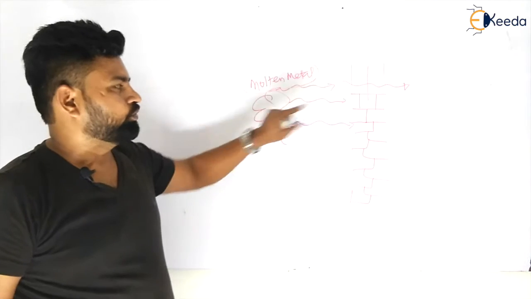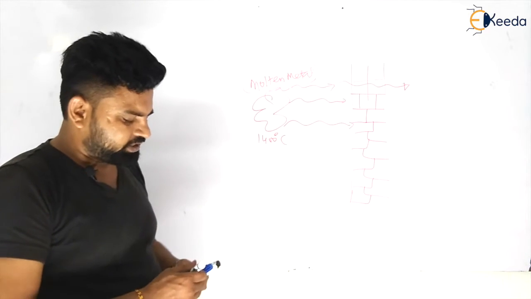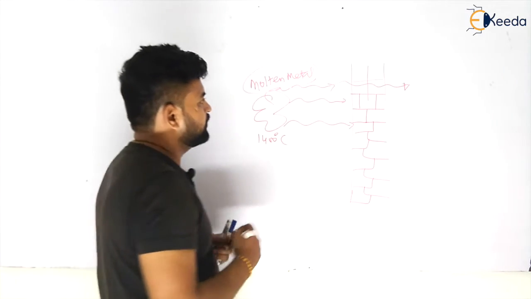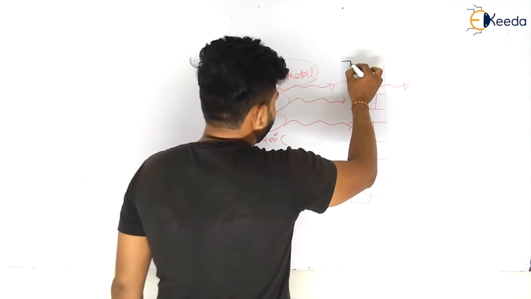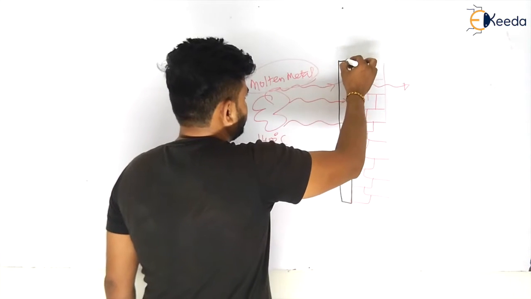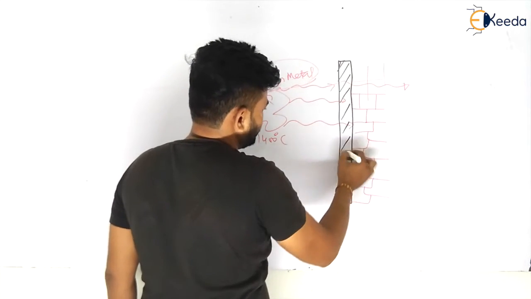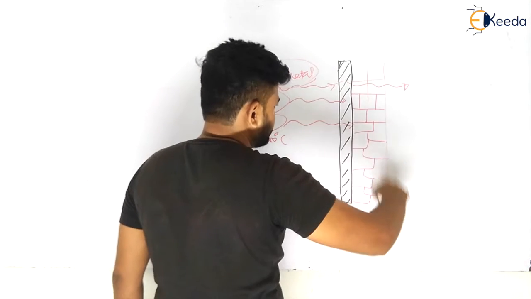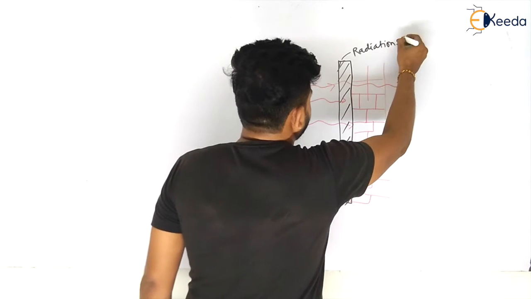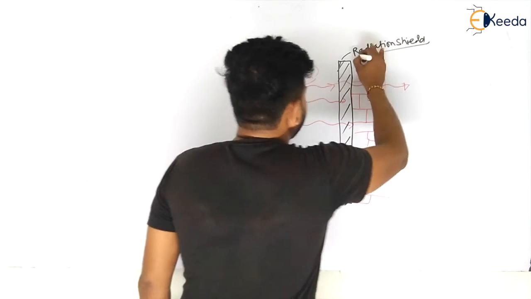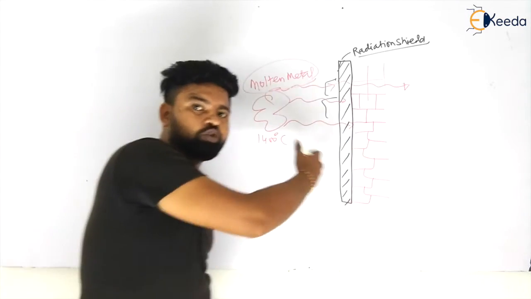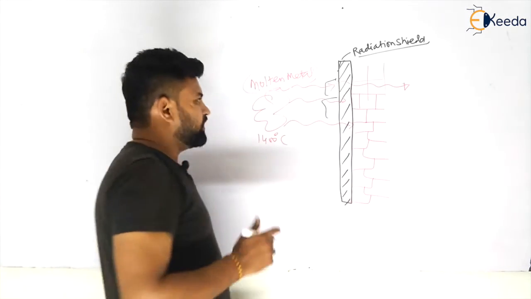So what the designers have done is introduce a radiation shield here, my dear students, and also some more here. There will be some radiation shields in between, one wall, another wall, so there are multiple layers of wall.